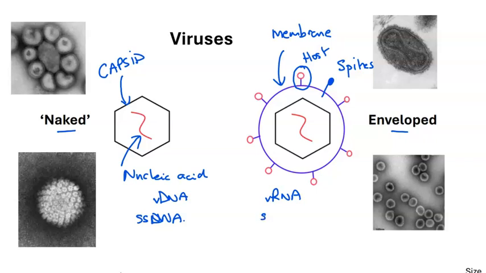So that would be an ssRNA. So we have this combination now that we could have a naked single strand DNA, or we could have an enveloped single strand DNA, and equally so single strand naked RNAs, or single strand RNA with envelope. So these permutations are all possible in the different viruses.